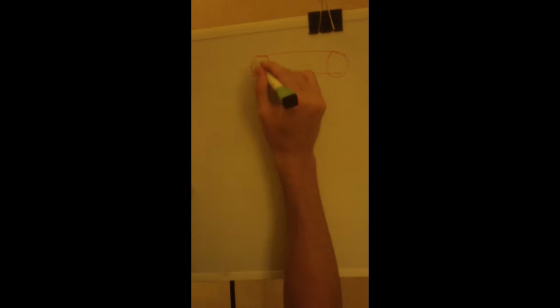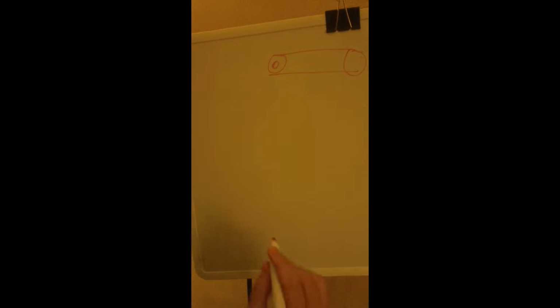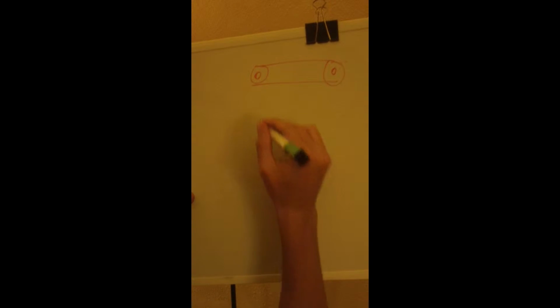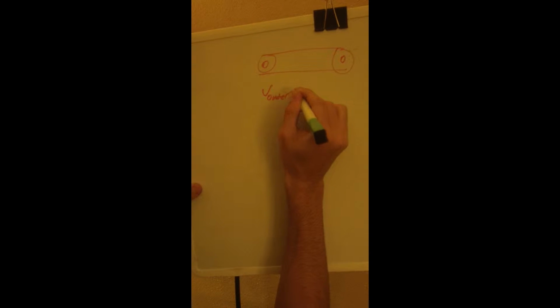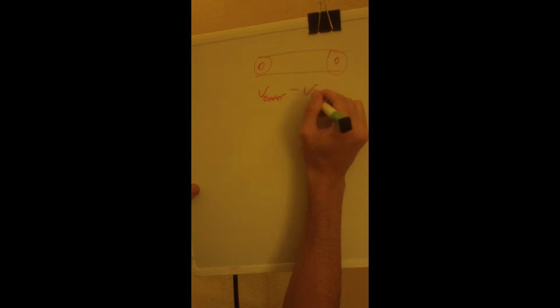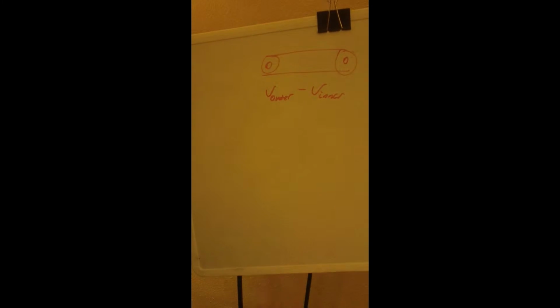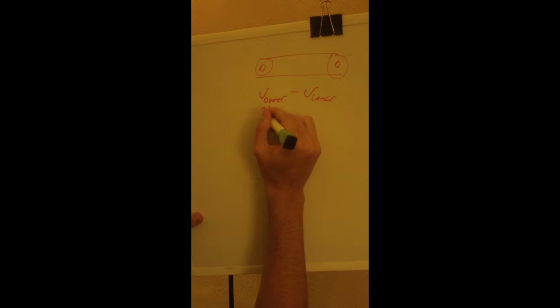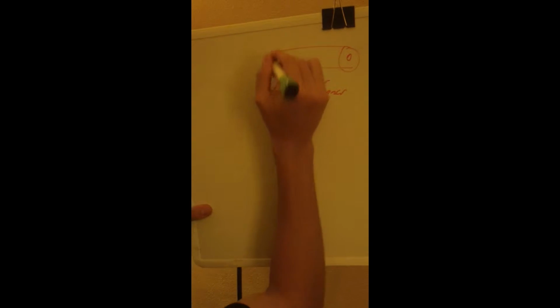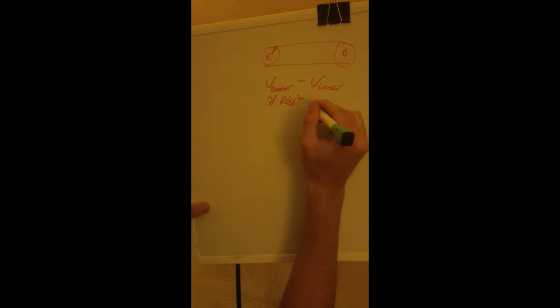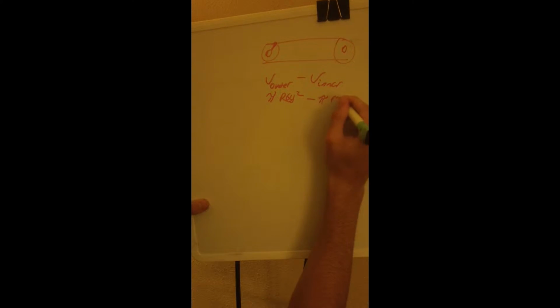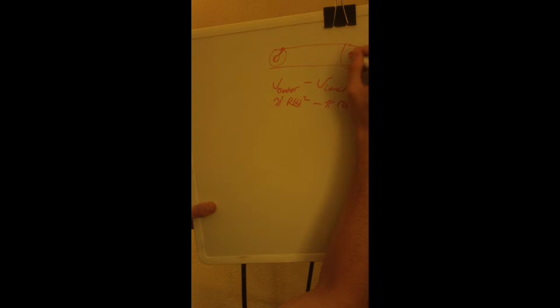So you'd have something like this, some shell, and the volume of this shell is going to be the volume with respect to the outer radius minus the volume with respect to the inner radius. So this would be pi R of x squared, this big value right here, minus pi times the little r of x squared, which is this inner value.